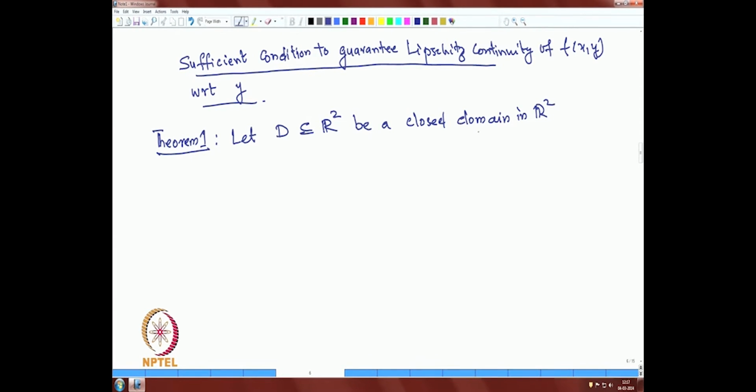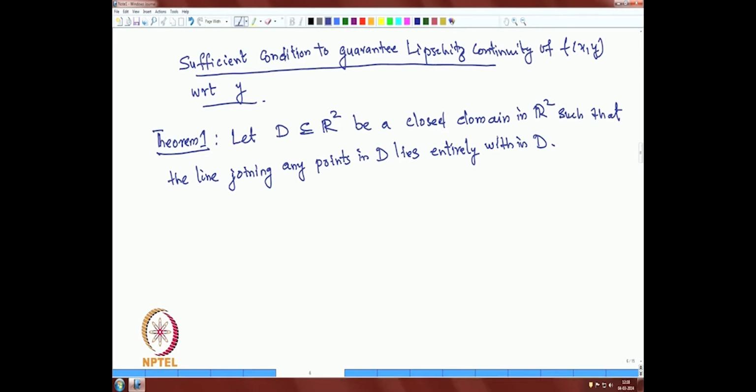So, we look for a closed domain in R2 such that the line joining any two points in D lies entirely within D. So, we take a closed domain such that for any 2 points, the line joining them lies completely inside D.